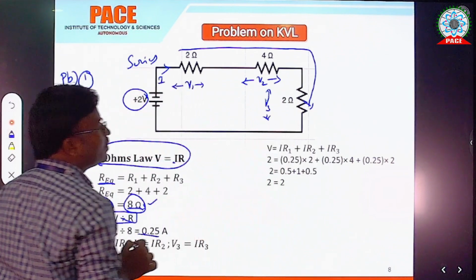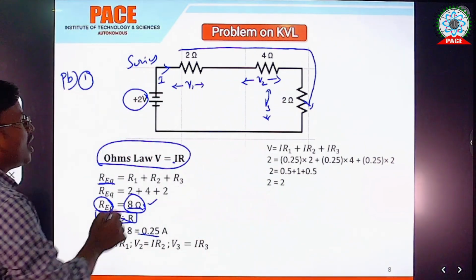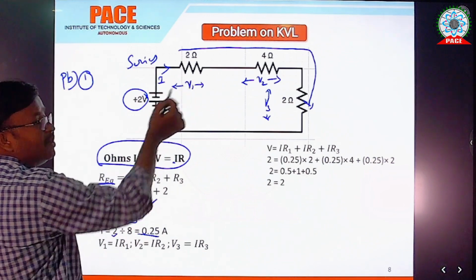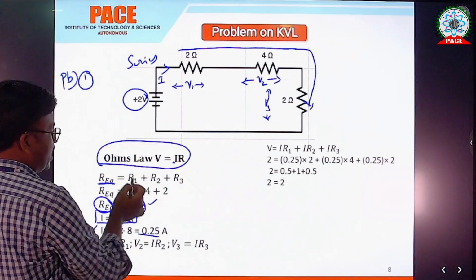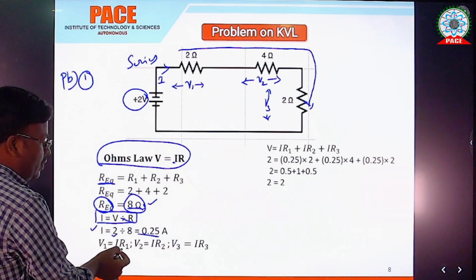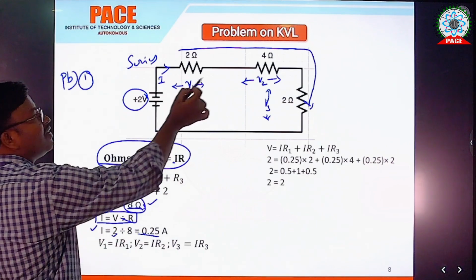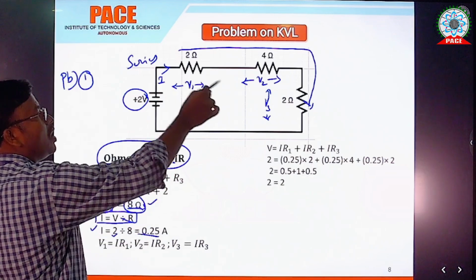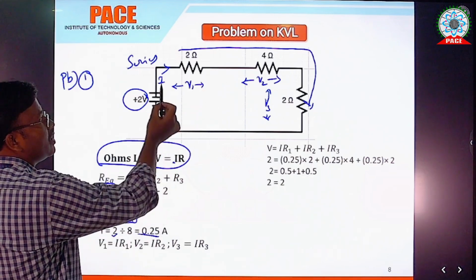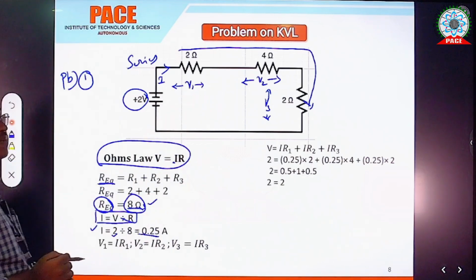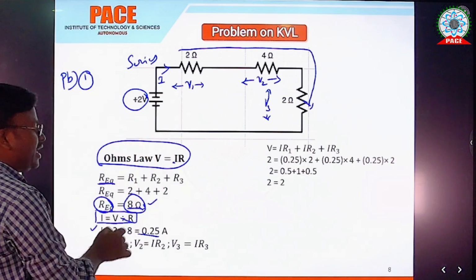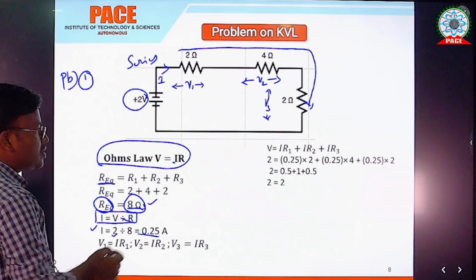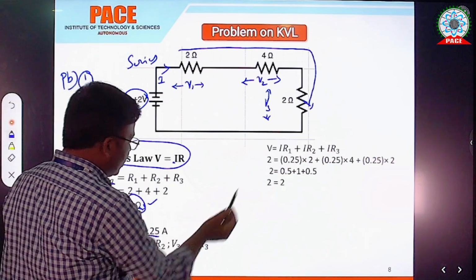That is V1. So V1 formula, V1 equal to I into R1, because the current will be the same across all resistors as they are connected in series. So the voltage drop V1 equal to I into R1. What is the I value here? We got 0.25 amps. V2 equal to I into R2.